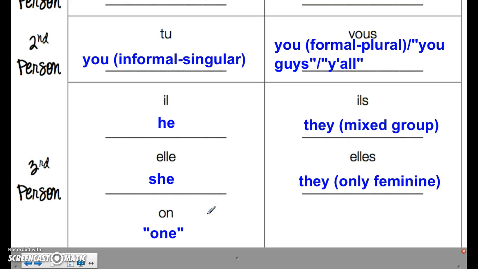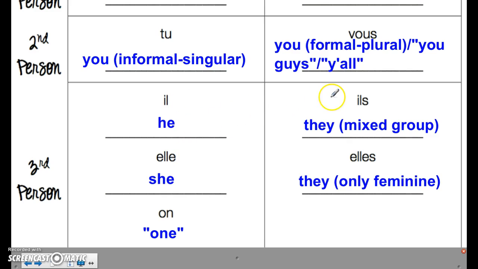Or if you've ever heard someone trying to sound really smart, and they'll say, when one thinks of America, one thinks of the American flag. I don't know where that statement came from, I just made it up. But you get the idea that we're not talking about a specific person when we say on, or when we say one, we're just talking about the general person. If that's confusing to you, don't worry too much about it yet. You'll get it as we go, but the biggest things I want you to get from the third person singular is the il and elle form, which mean he and she.